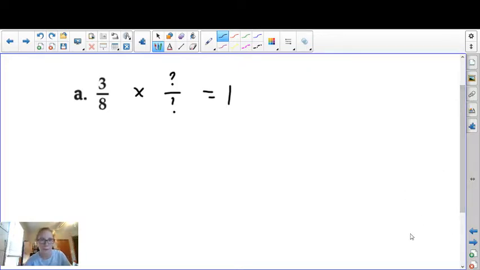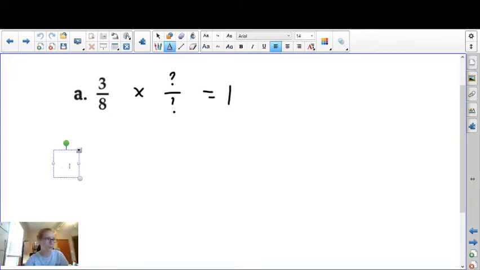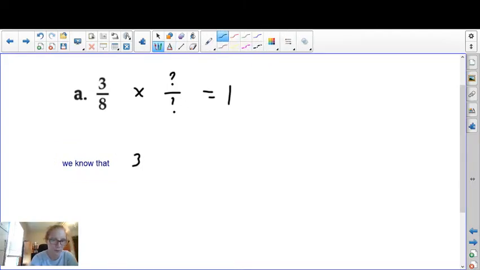Well, I'm going to type this because my thought bubble is a little bit longer than normal. We know that 3 over 3 equals 1, and 8 over 8 equals 1.